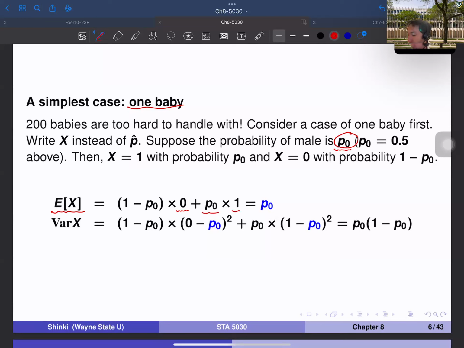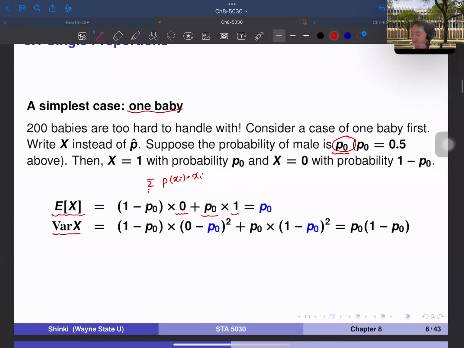So expectation is the summation of xi times probability of xi, over all possible i's. So if we calculate expectation, that becomes p naught.